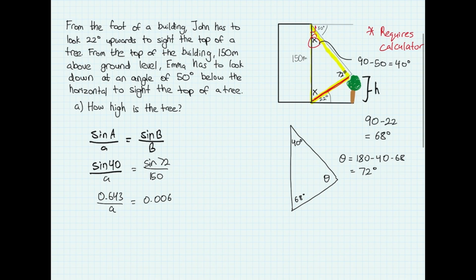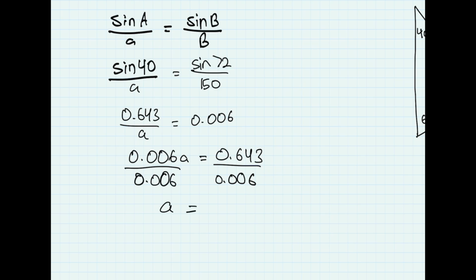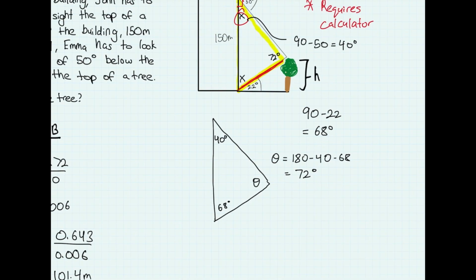Now, with this information, we can solve for A by cross multiplying. So we're going to get 0.006A is equal to 0.643. To solve for A, we can divide both sides by 0.006. And then we will get A is equal to 101.4 meters. And so the length in red is 101.4 meters.